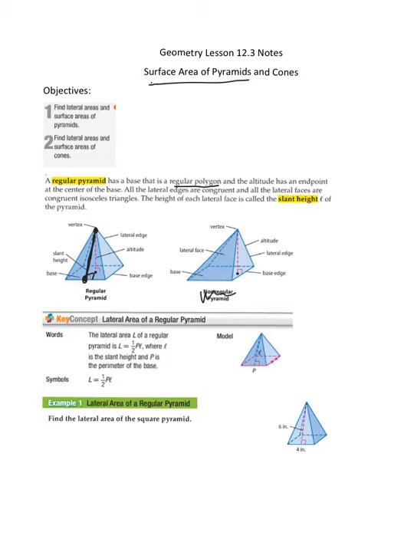Lateral area of a regular pyramid, L, is 1/2 P, where P is the perimeter of the base, times L, which is slant height.